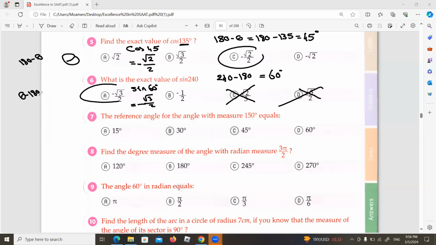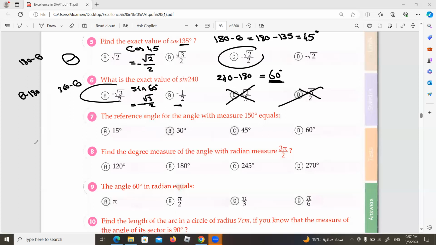In the third, the angle minus 180. And in the fourth quad, we use 360 minus the angle. So it's equal to 60. If you use the other way, it will be 30, and the whole problem would be wrong because you will choose letter B, since it's sine 30. Sine 30 is equal to half, so it's negative half. I get the full mark, you get zero. So pay attention about this.